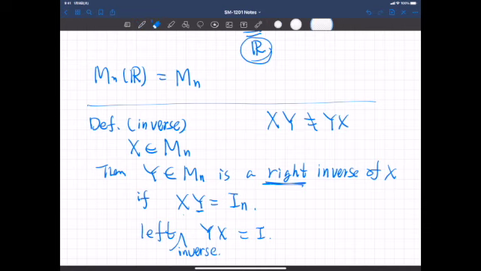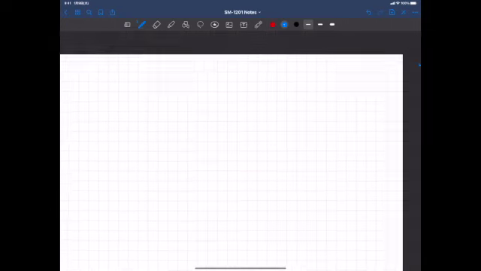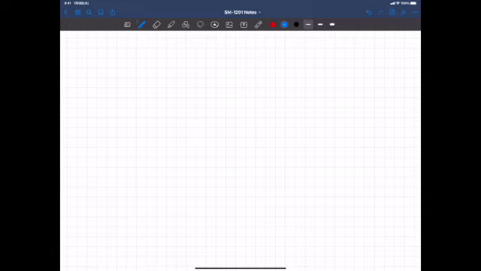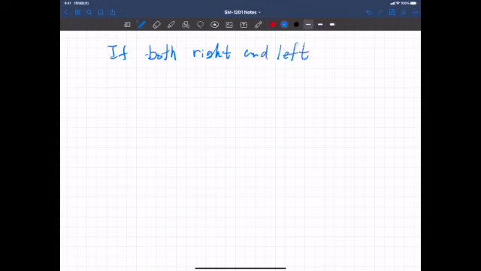We cannot prove this right now, but you should note that if both right and left inverses of X exist, they are equal.